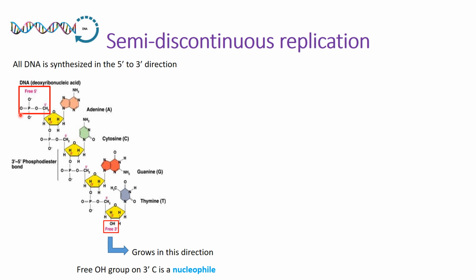Nucleotides will never be added onto the 5' end. They will always only be added onto the 3' end. And this hydroxyl group on the 3' carbon is known as a nucleophile. Remember, something that's a phile means that it's loving, so it is a nucleotide-loving area.